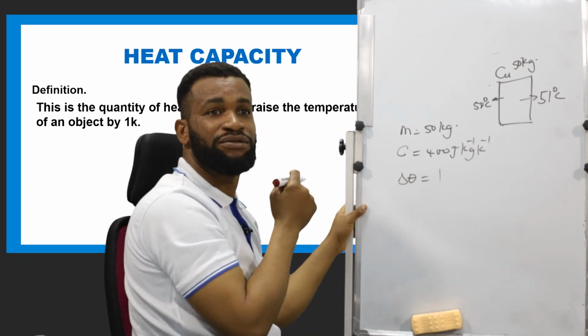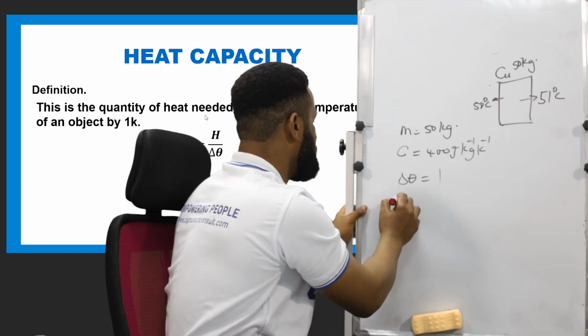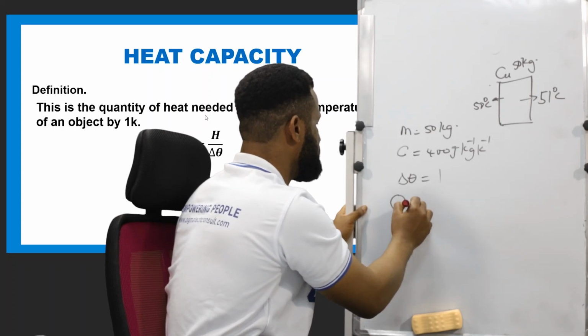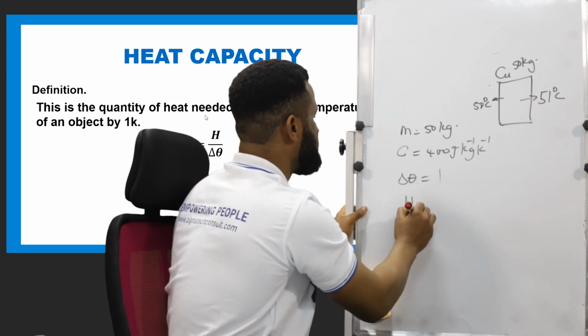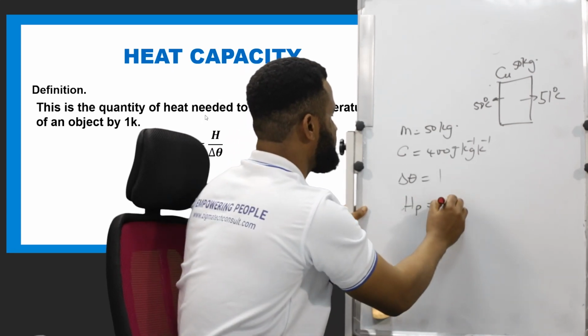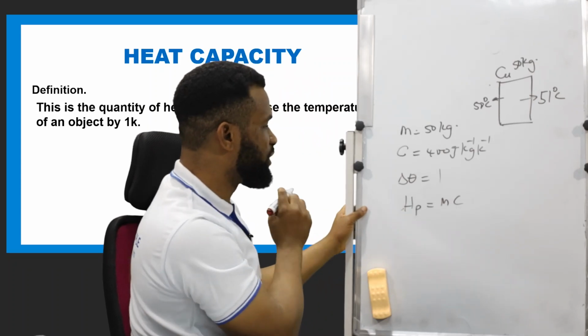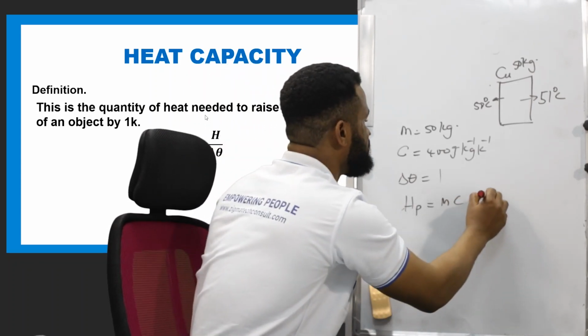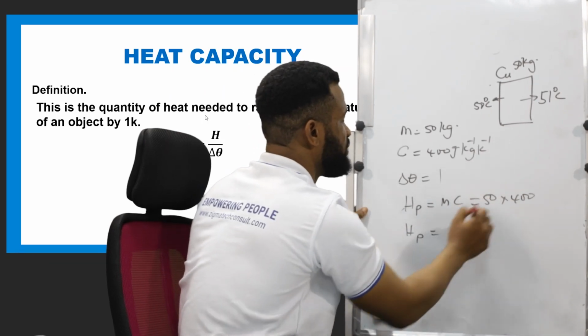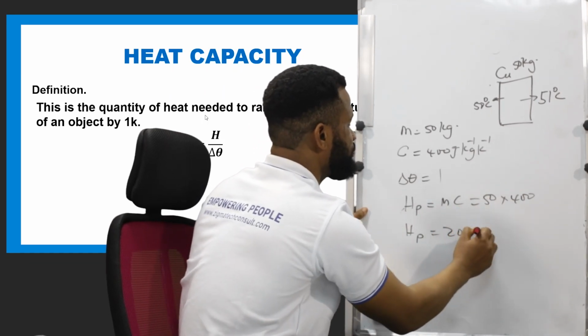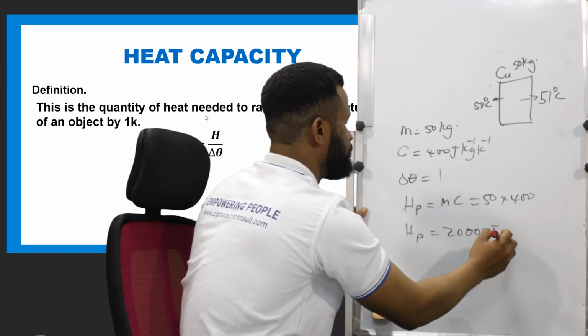So let's find out. We are going to say that the heat capacity is equal to mass times specific heat capacity, M times C. So this is going to be 50 times 400. So HP is going to be 20,000 joules per Kelvin.